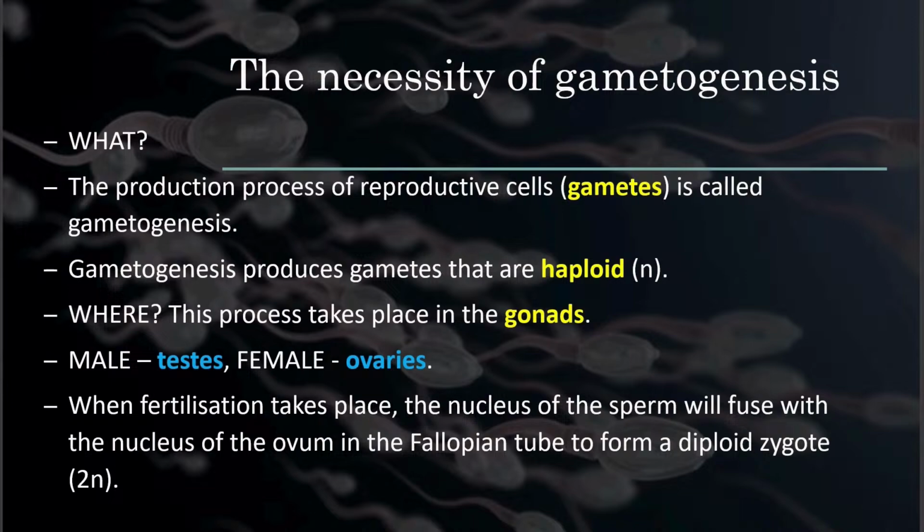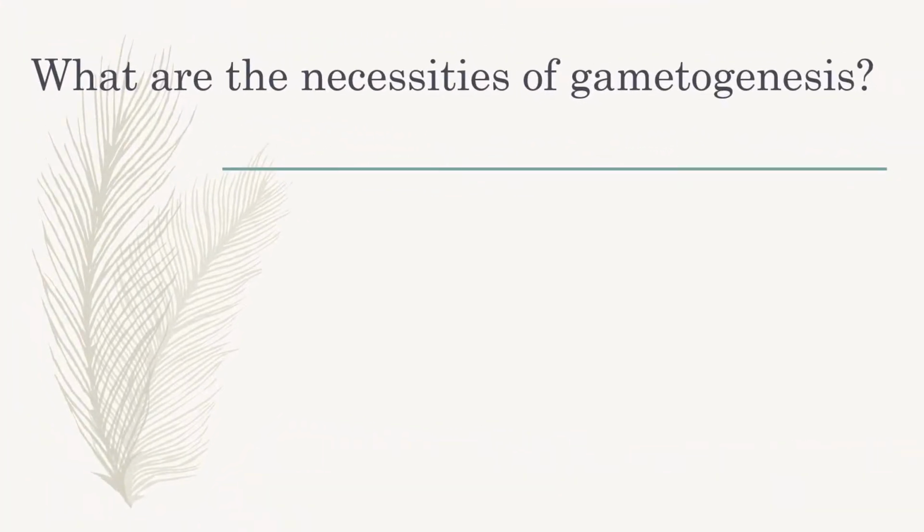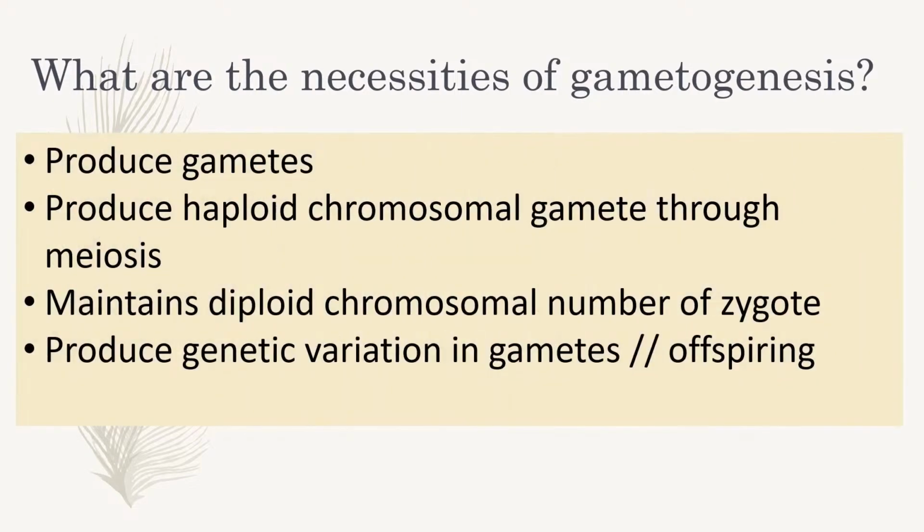Alright, so how do we answer the question when they ask what are the necessities of gametogenesis? You have to slightly modify the sentence. First, of course, gametogenesis is to produce gametes. That's what it's all about. We produce gametes, and all these gametes must be haploid.